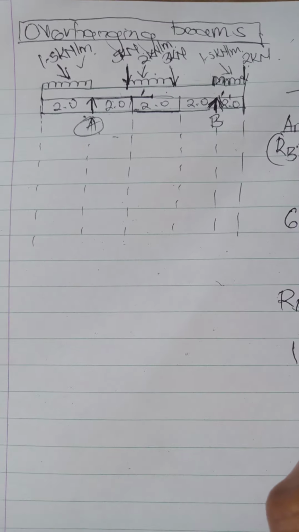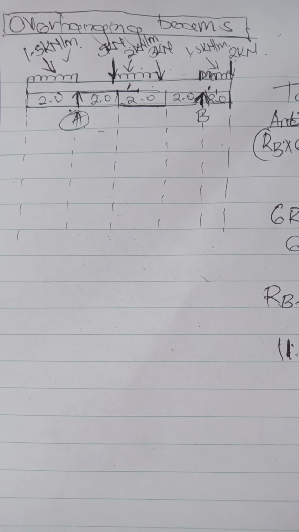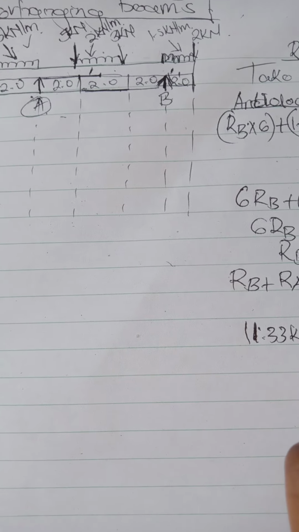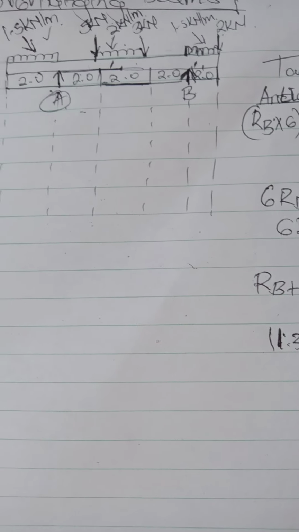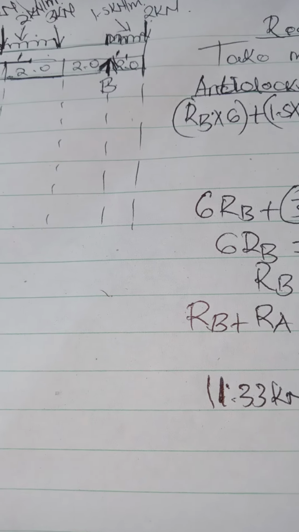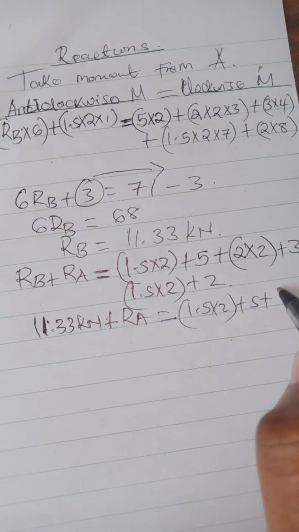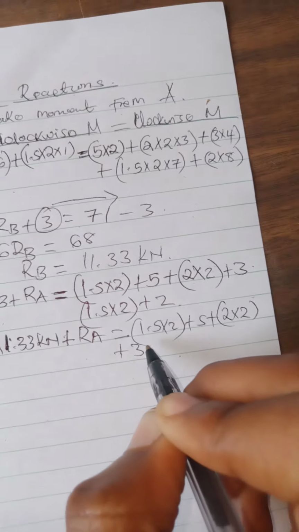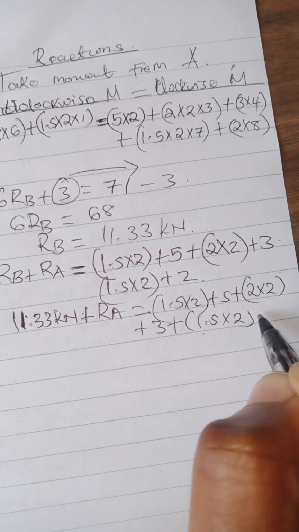Hence we will have 11.33 kilonewtons plus A is equal to all this: 1.5 times 2 plus 5 plus 2 times 2 plus 3 plus 1.5 times 2 plus 2.